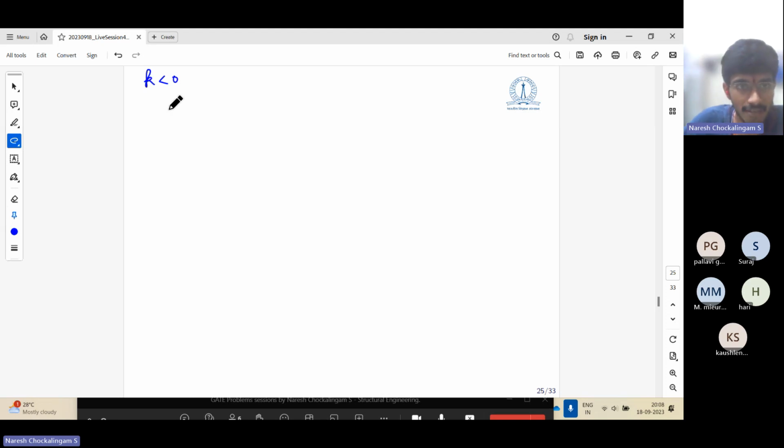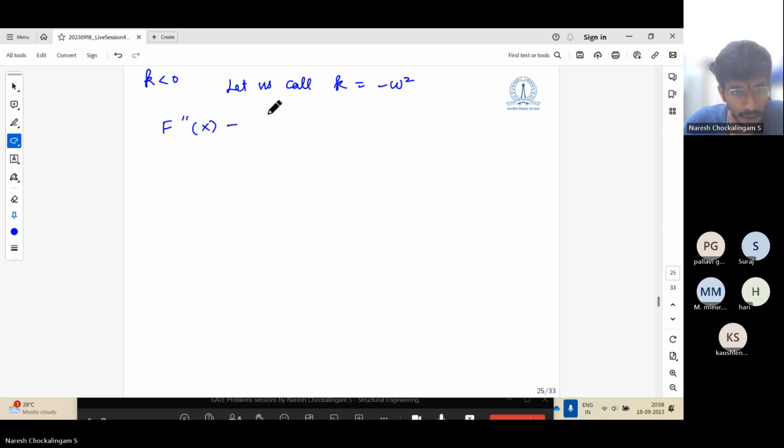If k is less than 0, what will the governing equation become? Let us call k equal to minus omega square. Omega square is always positive, so minus omega square is negative. The governing equation will become f double dash of x minus k, so minus into minus omega square, which is plus omega square f of x equal to 0.